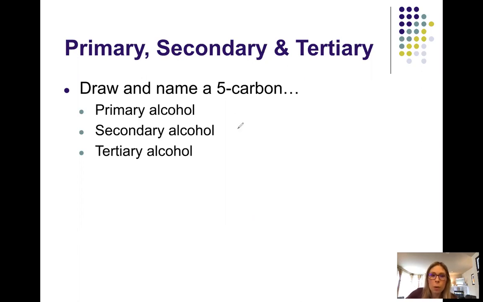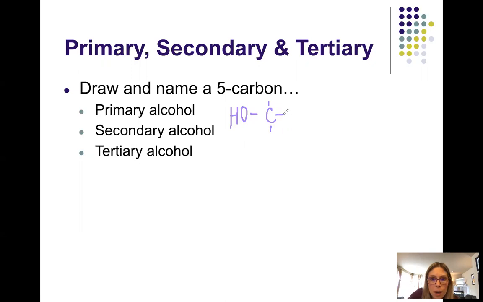So if you can remember, primary, secondary, and tertiary don't have to do with what, and I'm going to do our hydroxyl group on this side. It doesn't have to do with the carbon that's directly next to it, because if we did that, it would always seem like it's primary because there's only one carbon there. But we're looking at how many carbons are next to this carbon.